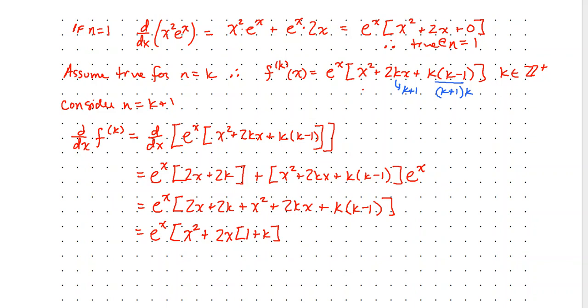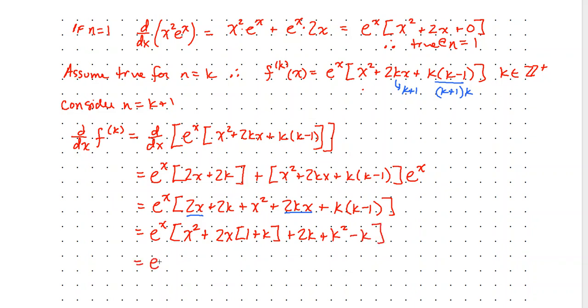Right? And that's coming from looking at this term and this term. Then I'm going to multiply out what I have with my k. So I have plus 2k plus k squared minus k.